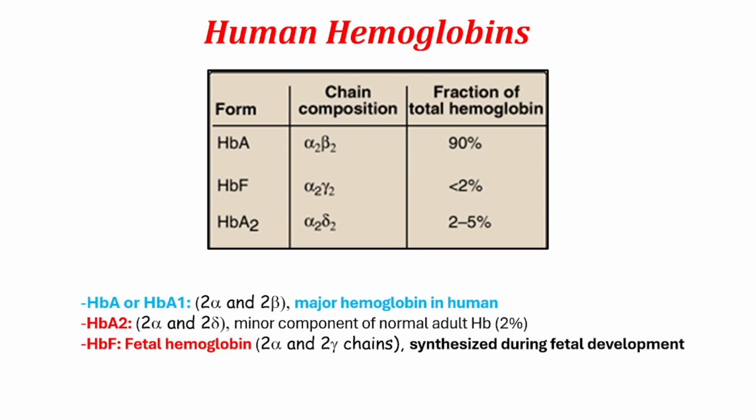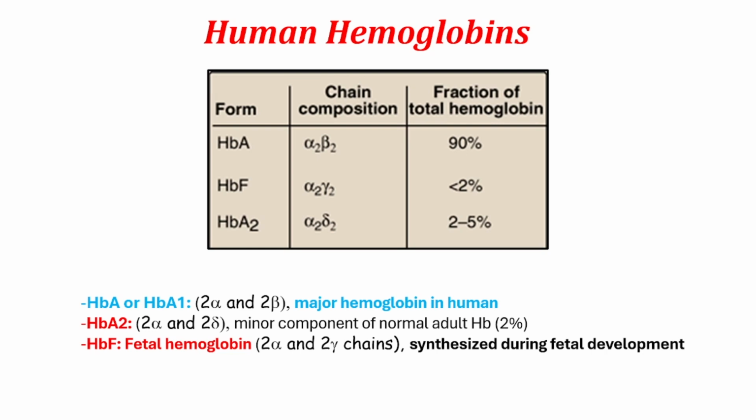And as you know, it is composed of 2 alpha and 2 beta chains. The second type of hemoglobin is called hemoglobin A2. It is composed of 2 alpha chains and 2 delta chains, and it represents only 2 to 5% of our hemoglobin.